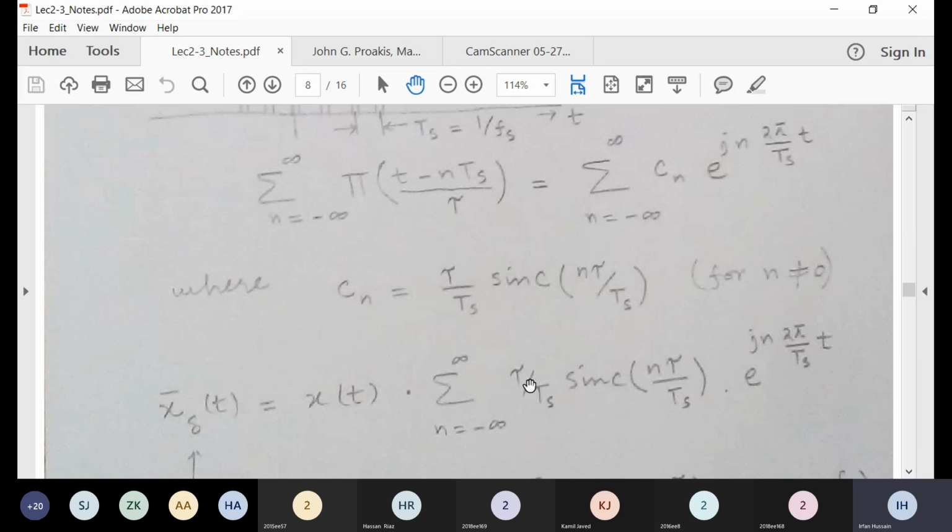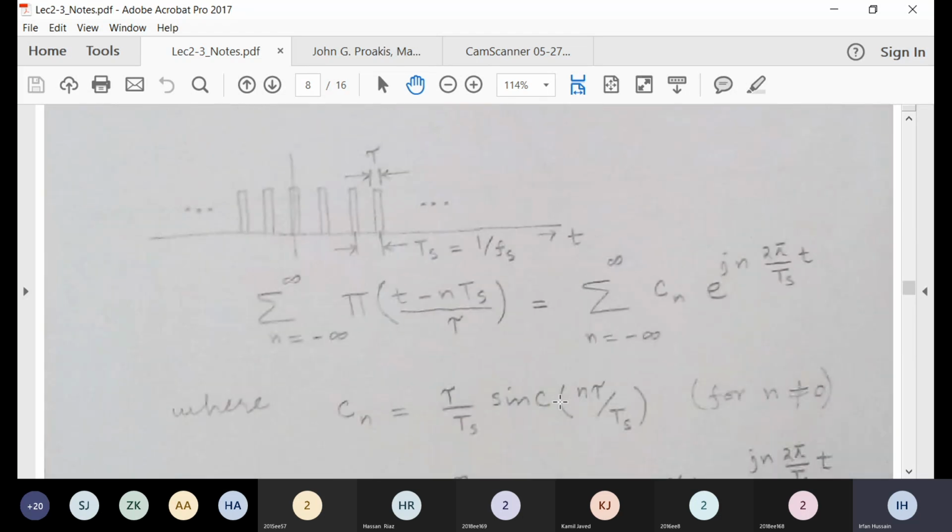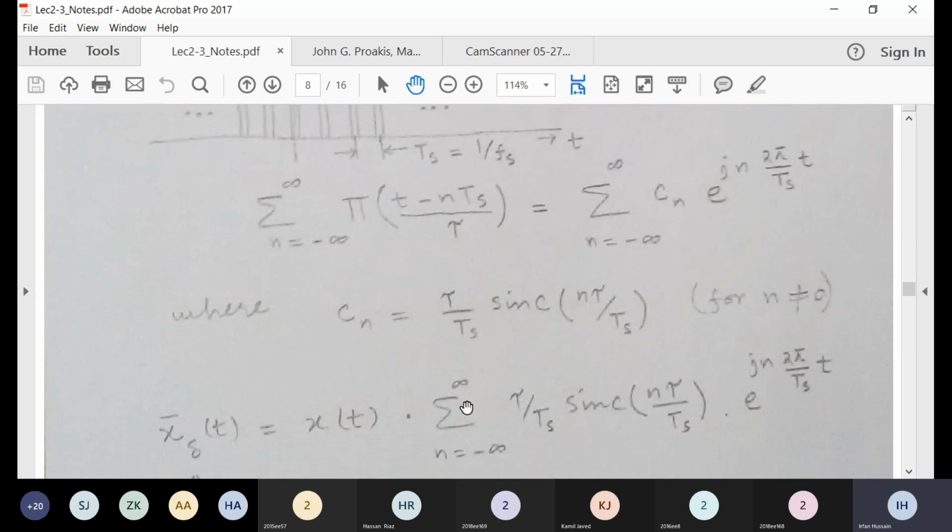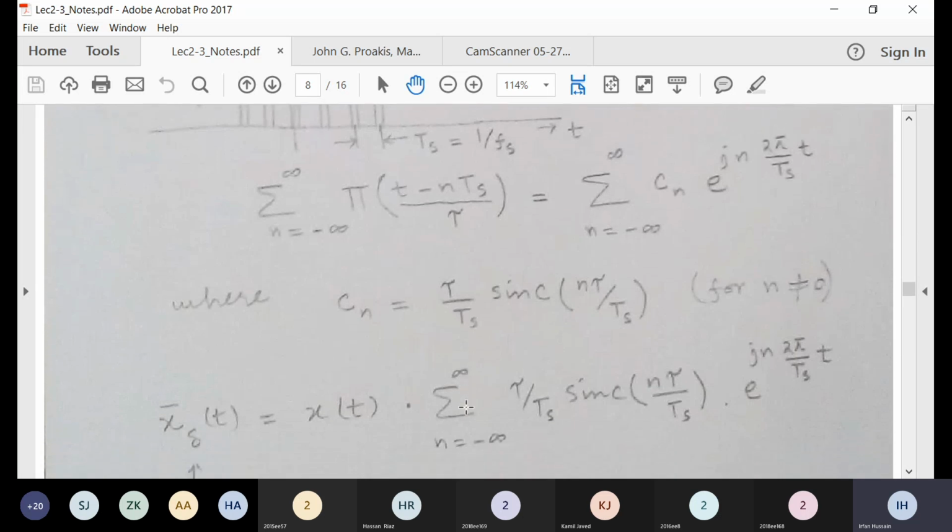Sorry, the width is tau, and the height is 1 over ts. So you will again get back, even for n equal to 0 you will have tau over ts.